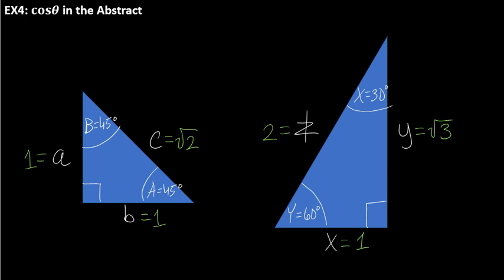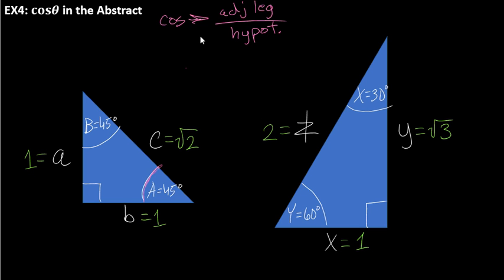Okay, so pretty straightforward. So now let's go ahead and generalize the cosine ratio. So cosine, again, cosine is simply adjacent leg over hypotenuse.